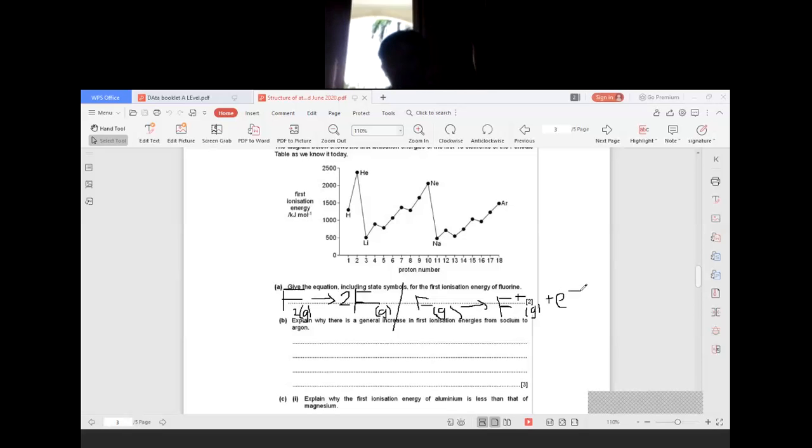So this is the first ionization energy equation for fluorine.